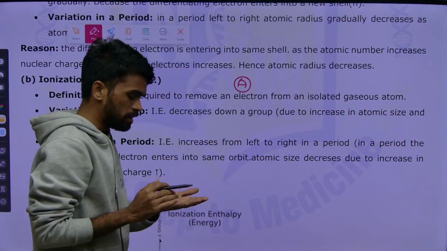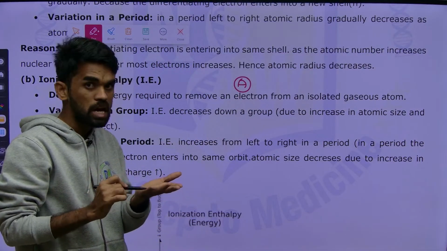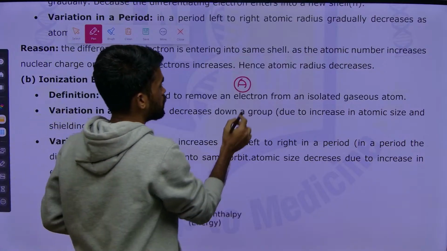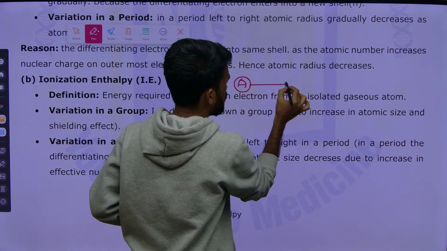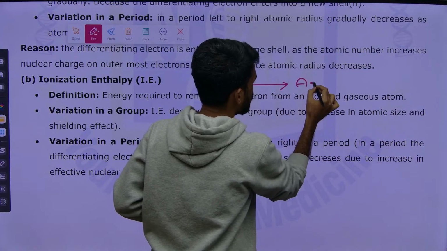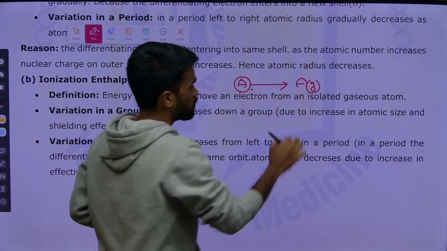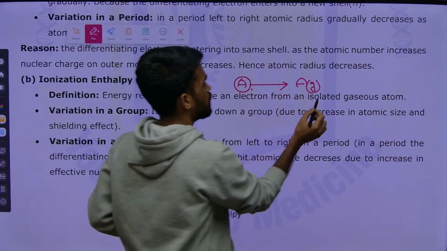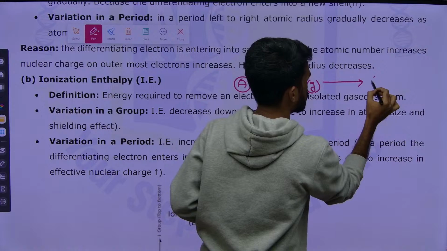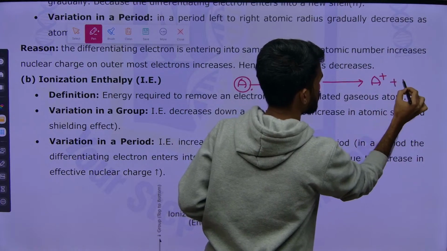These elements may be in solid, liquid or gaseous state. First of all, you need to convert the atomic form of that element to its gaseous form. Whether it is a liquid, solid or anything, it must be taken in gaseous form. From this, you need to remove one electron.